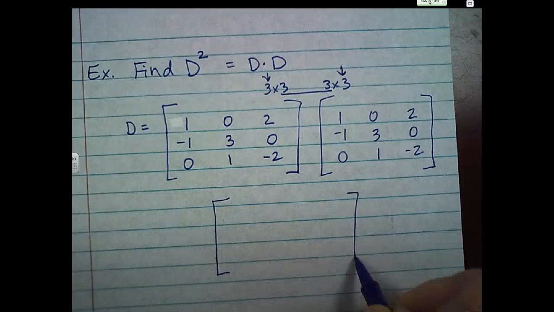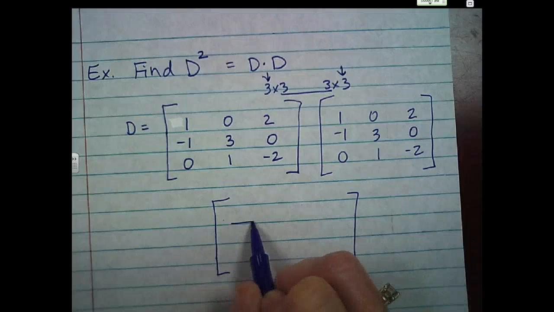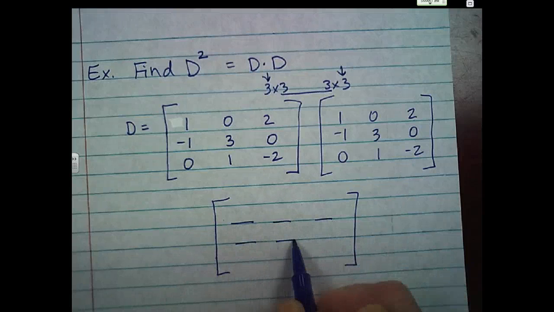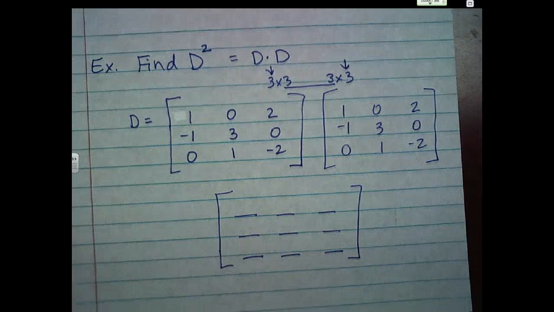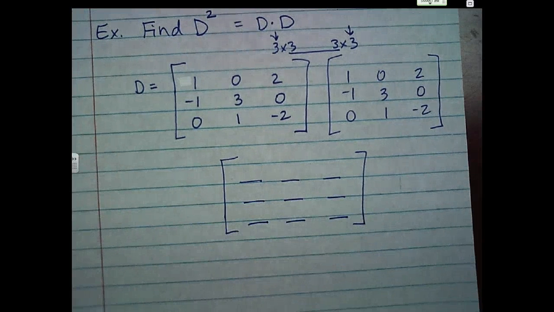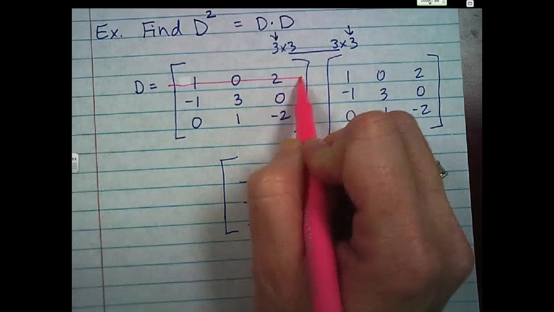So let's build our answers section. And by now, I don't know if you still need them, but here they are if you need them. And you're going to go this way first.